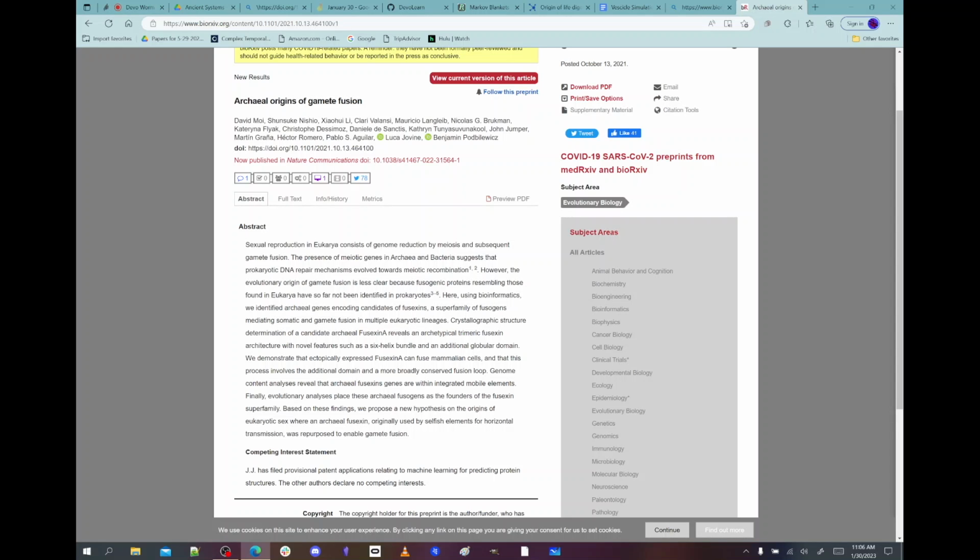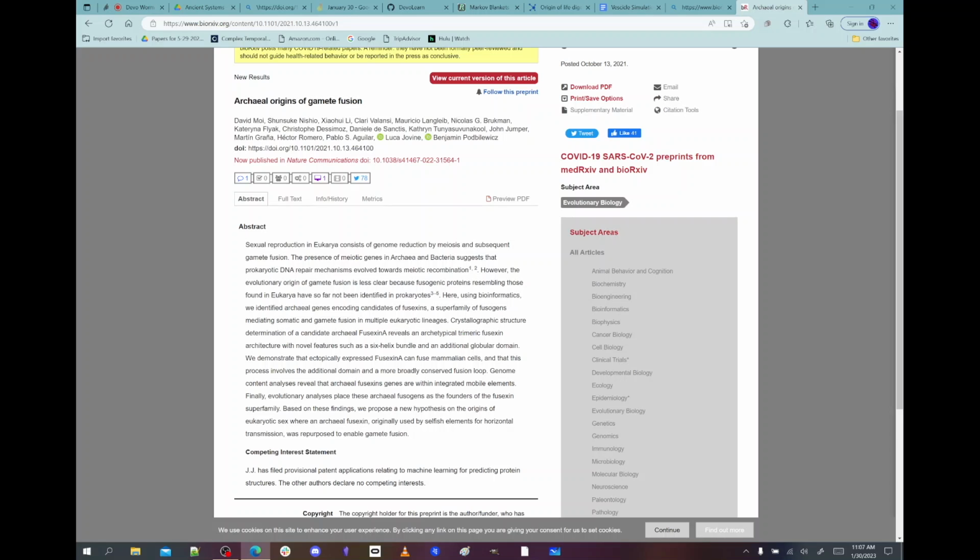And there's a conserved fusion loop, so you see this throughout eukaryotes. And genome content analysis reveals that archaeal fusexin genes are within integrated mobile elements. So these are your integrated mobile elements, transposons that may have other functional significance.